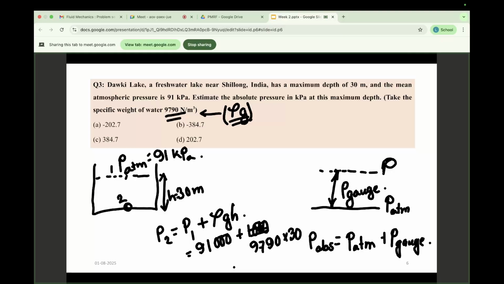After solving you will get the answer as 3847, that will be the answer in Pascal. But in the question it is asked to answer in kilopascal, so it should be divided by 1000. That's why option C is the correct answer.